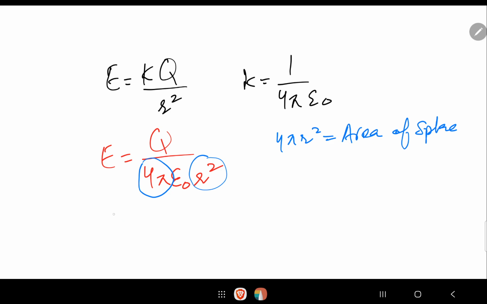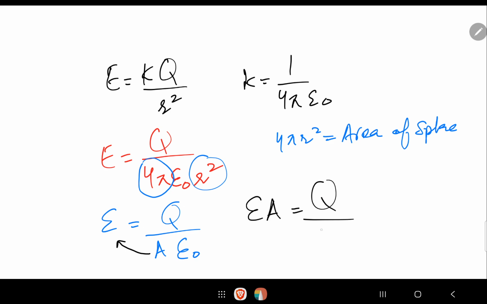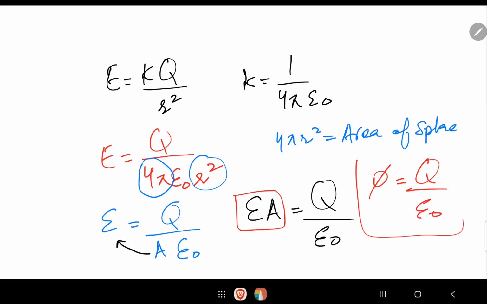So you can say E is equal to Q by A epsilon naught, and then I can move the A to the top, and it becomes EA equals Q by epsilon naught. And we already studied just now, EA is electric flux. So electric flux is equal to Q by epsilon naught. This is your formula for Gauss's law.